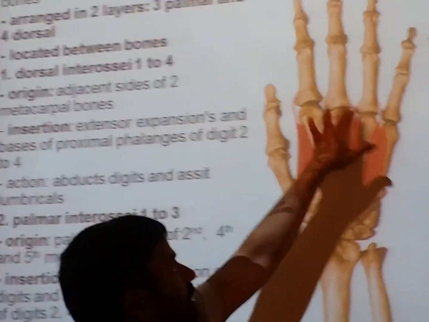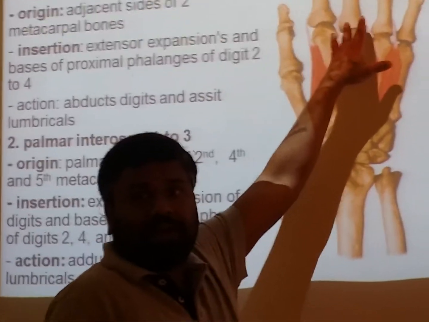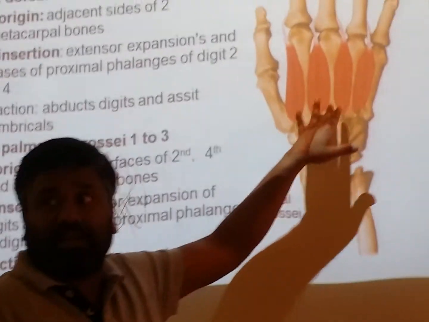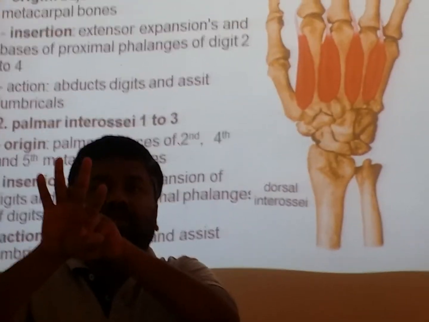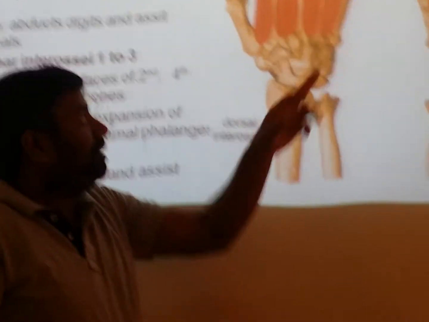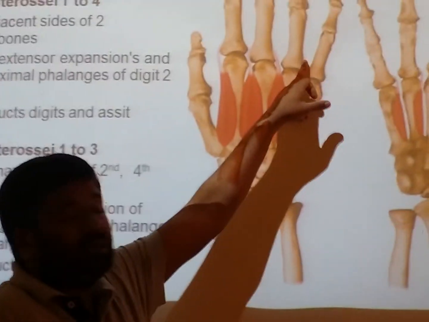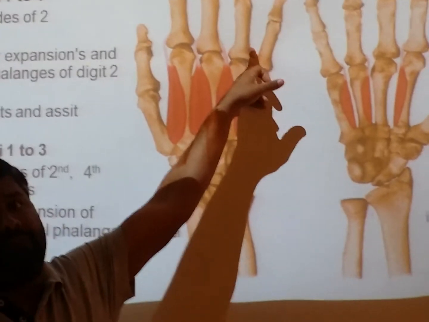Both are attached to the middle finger. One on the medial side, one on the lateral side. Whereas palmar, no attachment. Dorsal on both the sides. The second and then the third. And then the fourth is attached to the medial side of the proximal phalanx of the ring finger.